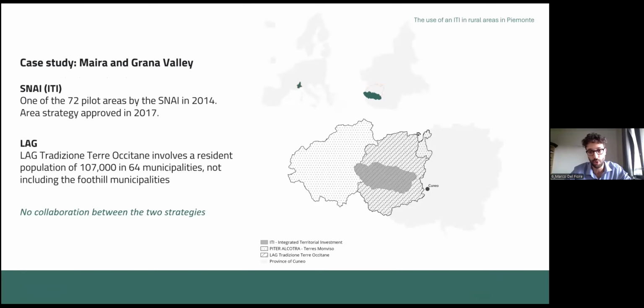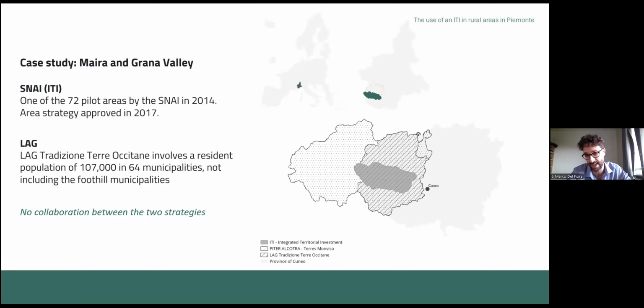To make this more tangible for today, let me present the case study of the Maira and Grana Valley in the Piedmont region. These valleys were selected as one of the 72 pilot areas for the SNAI strategies in 2014 and supported by an ITI instrument. And in the same region, there exists the LAG Tradizione Terrocitane that covers territories across 74 municipalities.